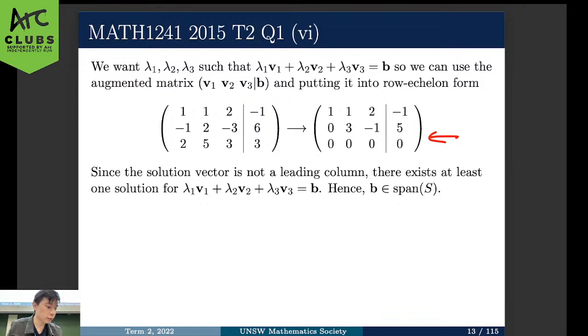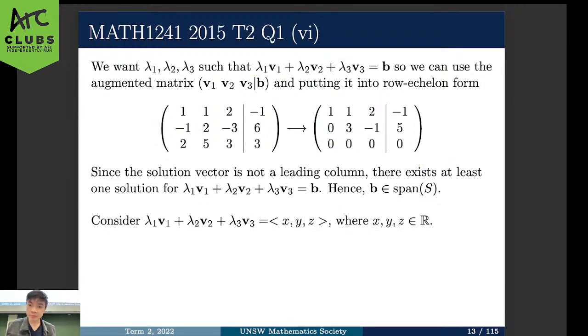For the first row, it would be this 1, and for the second row, it would be this 3, and for the third row, there's no non-zero number. So essentially that means there is no leading column from the third row, and since we know that the last row doesn't have a leading column, a solution must exist. And if a solution exists for this equation, that means that a linear combination exists and therefore b is in the span, such that it's equal to b.